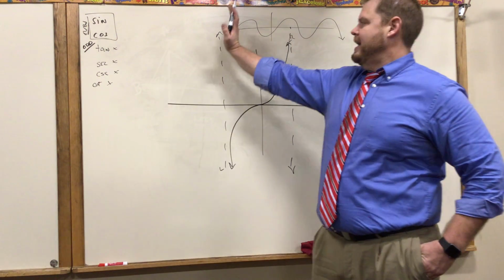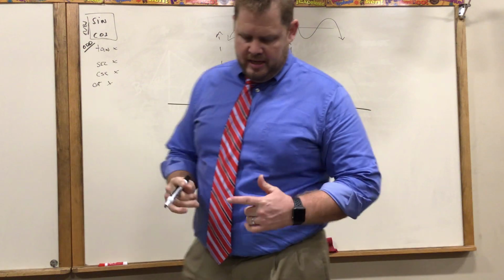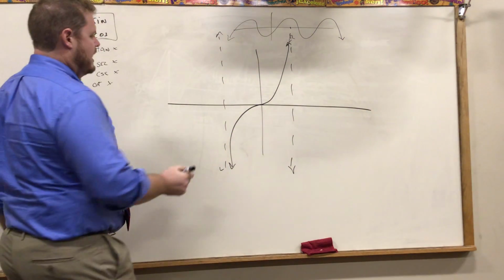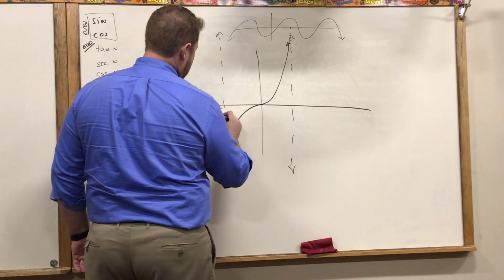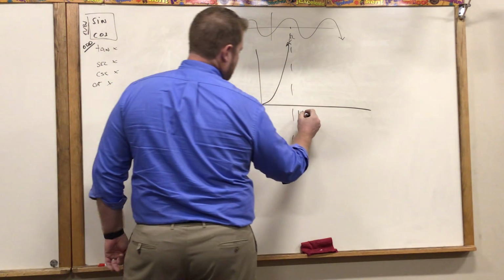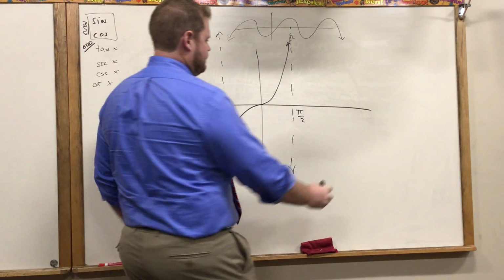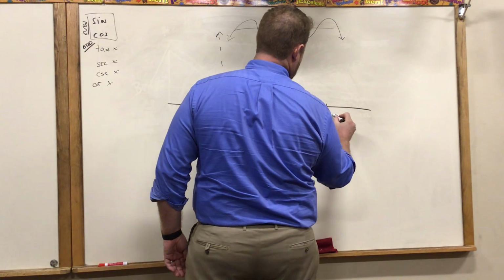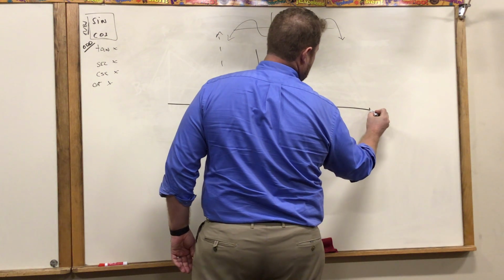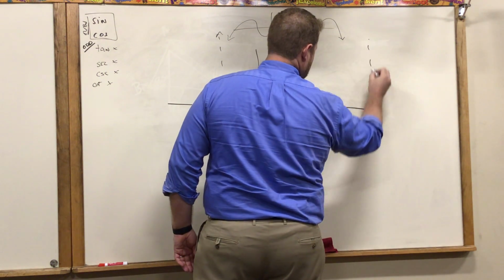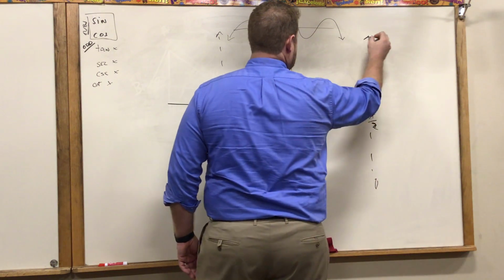An asymptote is where that function is undefined. So that function is going to be undefined at negative pi over 2, at pi over 2, and the next one would be 3 pi over 2, because that would be undefined.